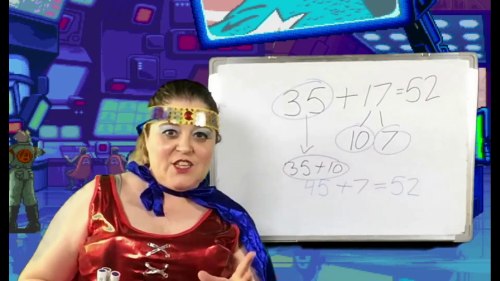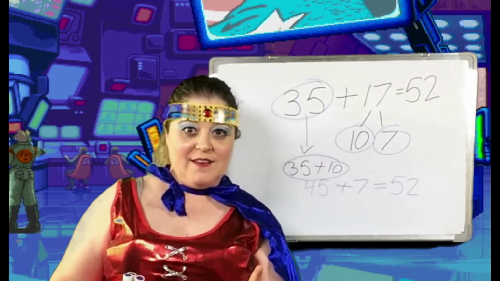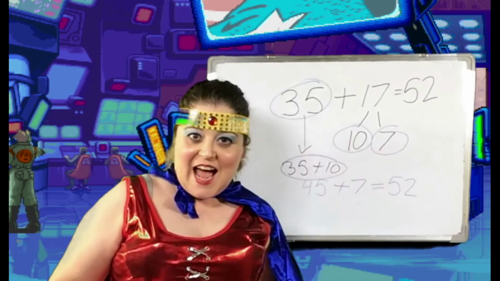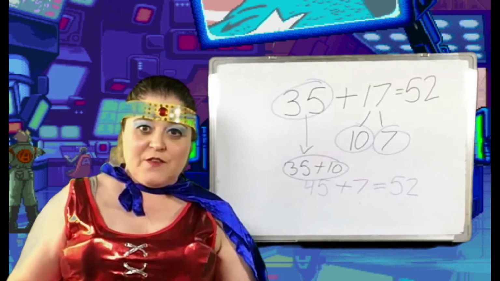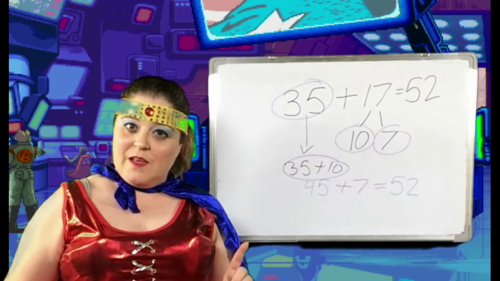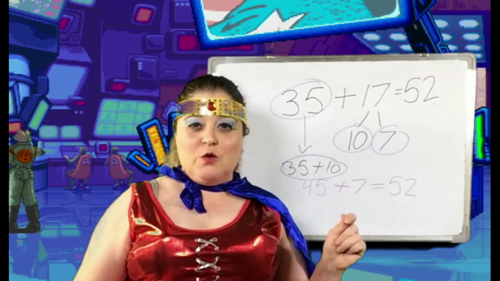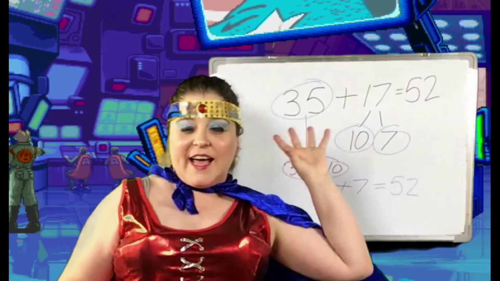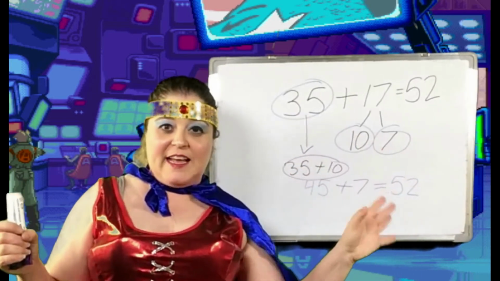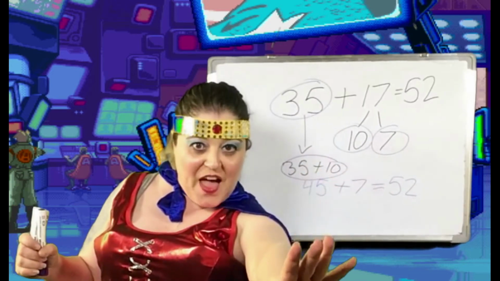Now, the reason we teach you more than one way to do this adding is so that you can choose the way that works best for you. If you prefer partitioning both numbers and adding the tens and ones separately, that's fine. Do it that way.